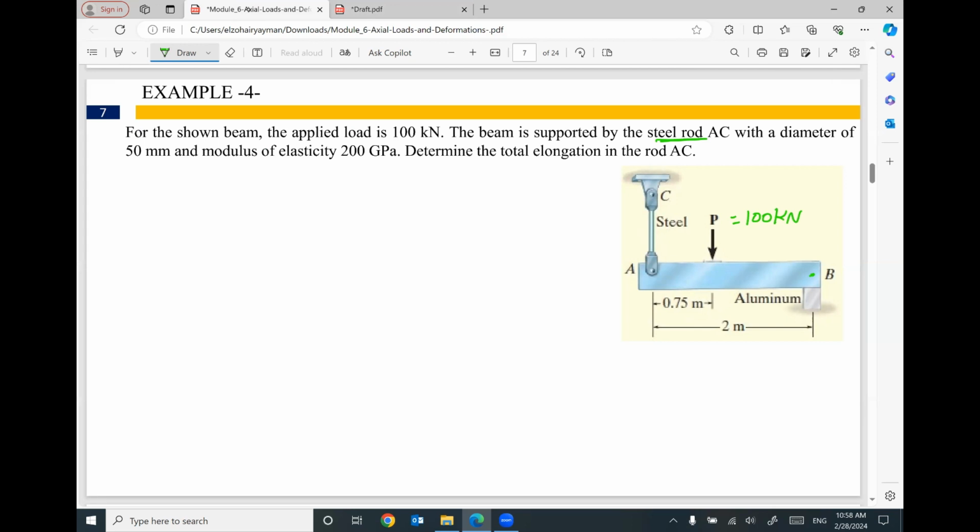This steel rod has a diameter equal to 50 millimeter and a modulus of elasticity equal to 100 gigapascal. What is the total elongation in the rod AC? This rod will be elongated, will be stretched. How much is this stretch?